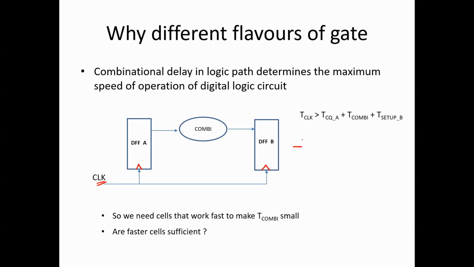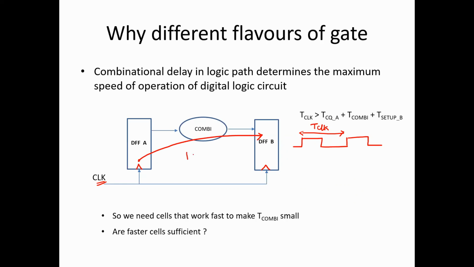Let me draw the waveform here. So the clock looks something like this. The period of the clock, this is my T clock. Now how big should this T clock be? This T clock should be so big that the time for the data to travel from this flop all the way till this flop is achieved in 1 clock cycle.